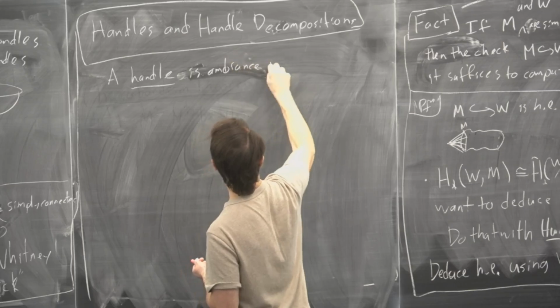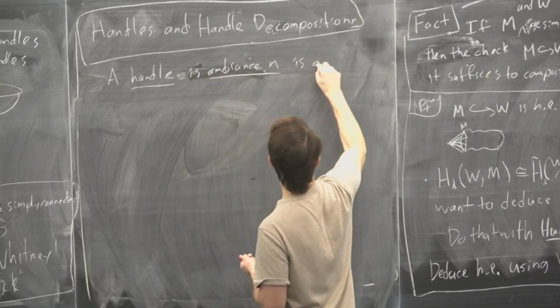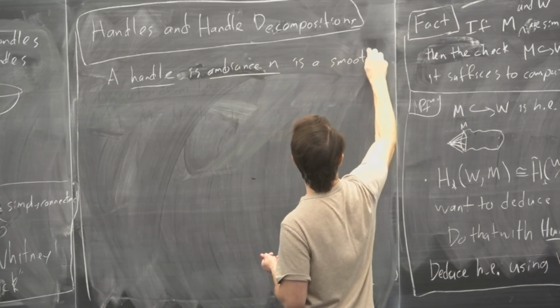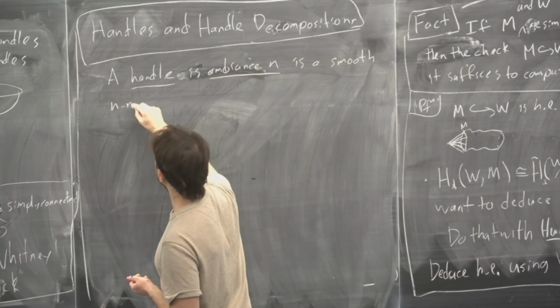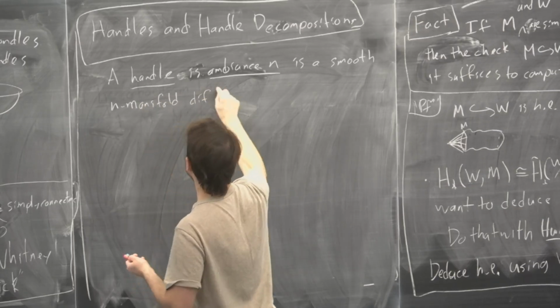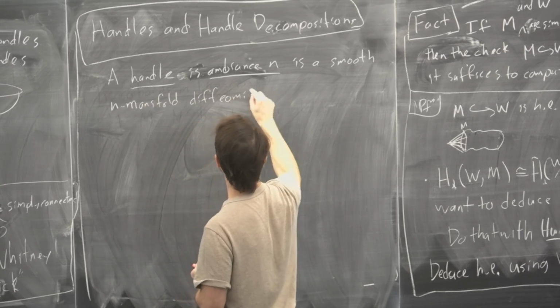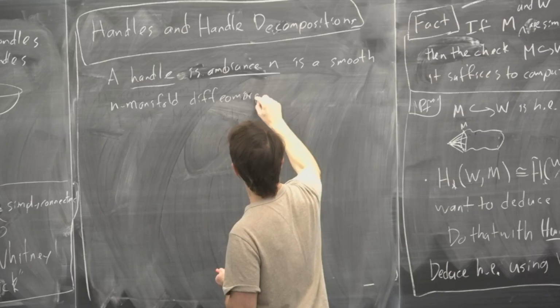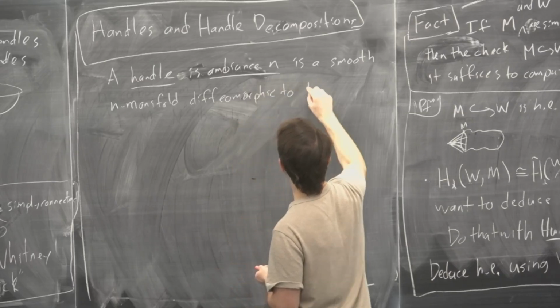N is a smooth n-manifold. It's diffeomorphic to a smooth product.